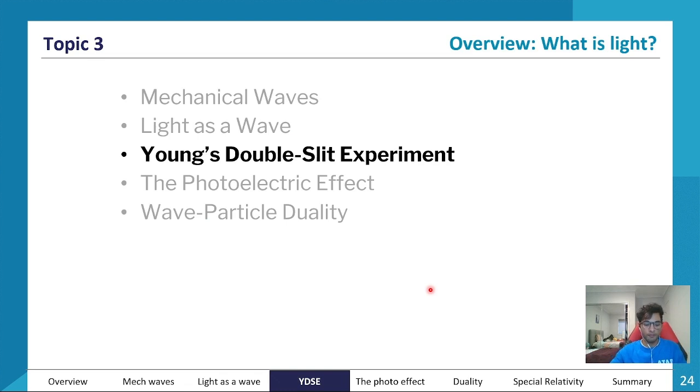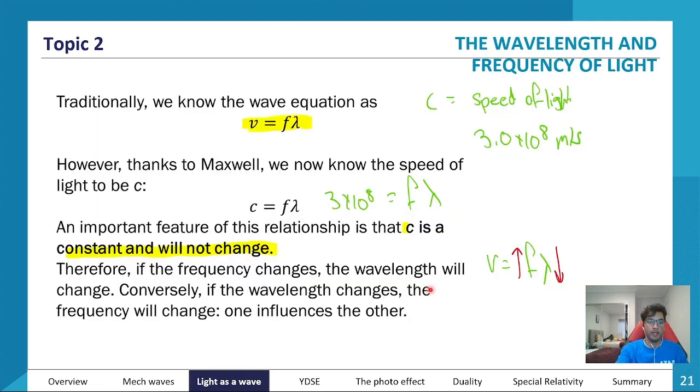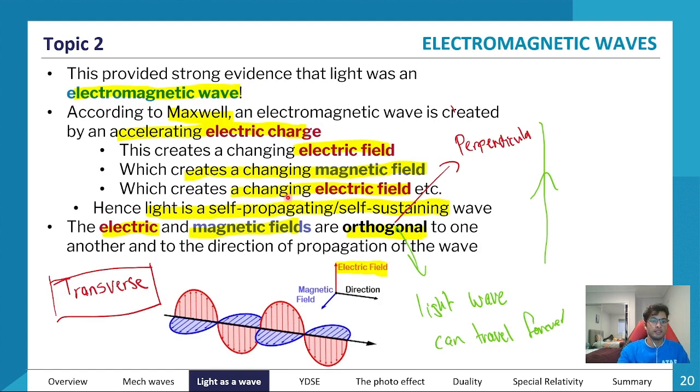Cool. So here's the thing. Maxwell proposed this idea that light is actually a wave, and assuming that light is a wave, we can apply these wave properties. But there wasn't any conclusive evidence that light is a wave.